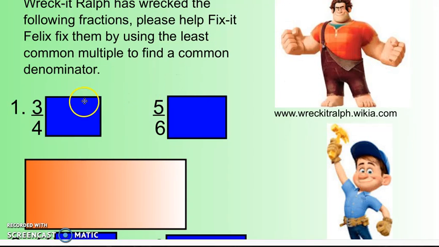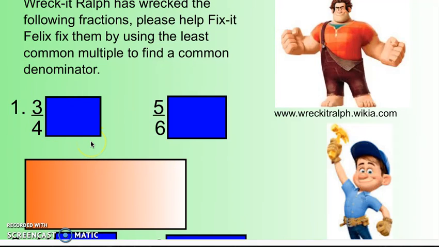We're going to start off with these two fractions, 3/4 and 5/6. What I would like you to see is how Fix-It Felix fixes these and finds a common denominator.